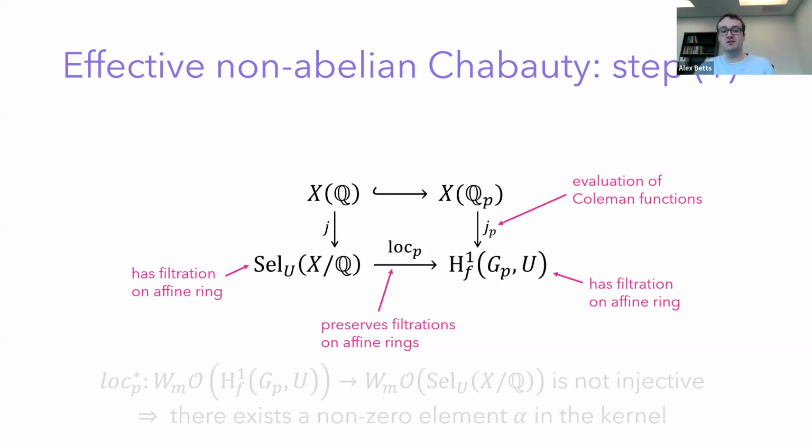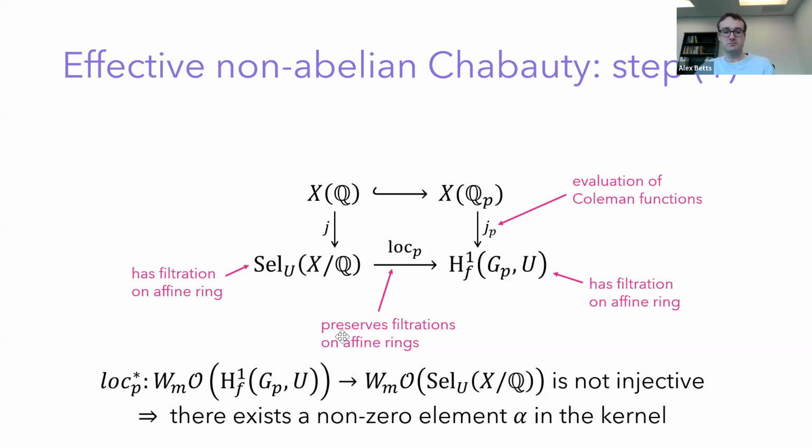The key point is that if I look at the pullback along the localization map on the weight at most m parts of the affine rings, this is a linear map from a large dimensional vector space to a small dimensional vector space, so it has non-trivial kernel.